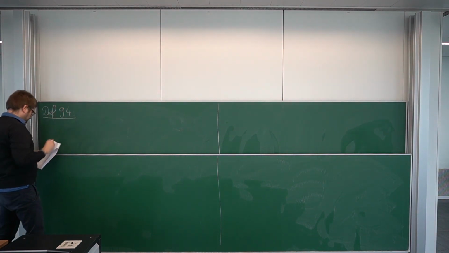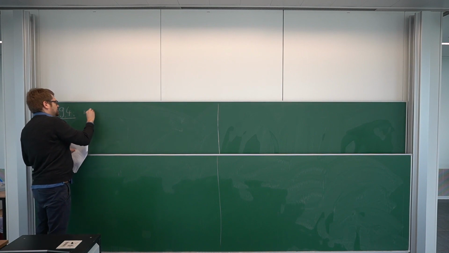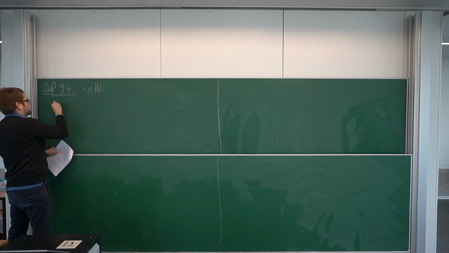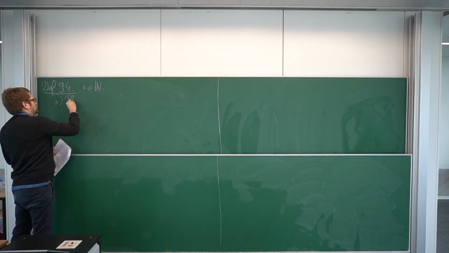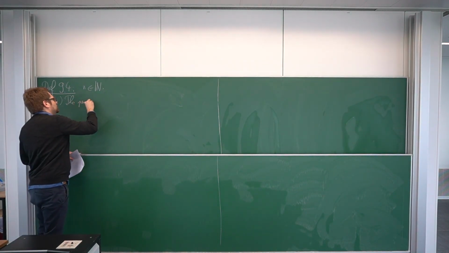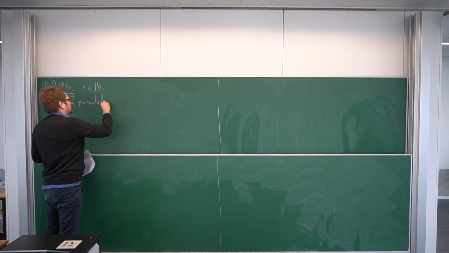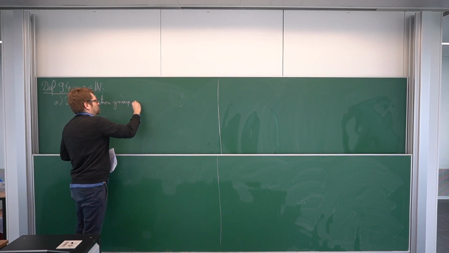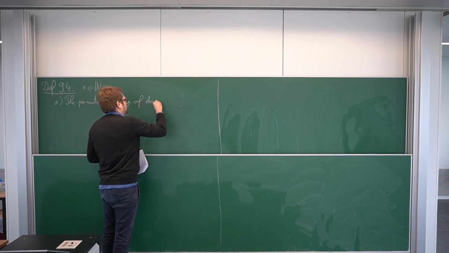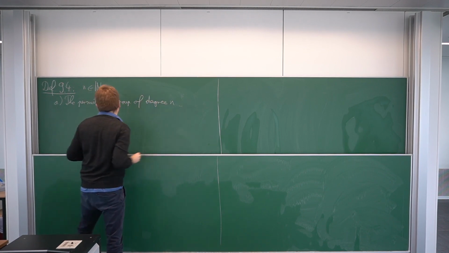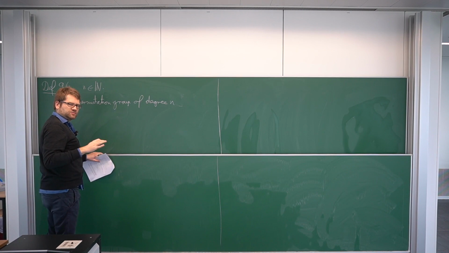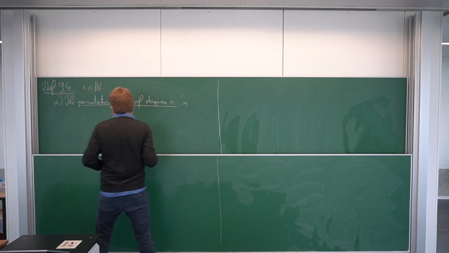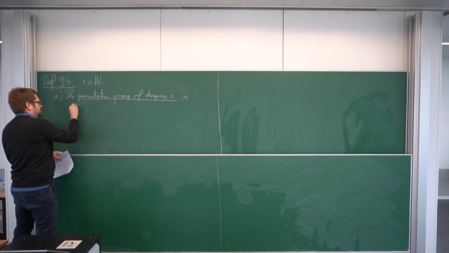Okay, definition 9.4. We take some n in the natural numbers as fixed, and now we start very elementary. The permutation group of degree n, and yes, group in the sense of Mathematics 1, where we learned what a group is, denoted Sn.